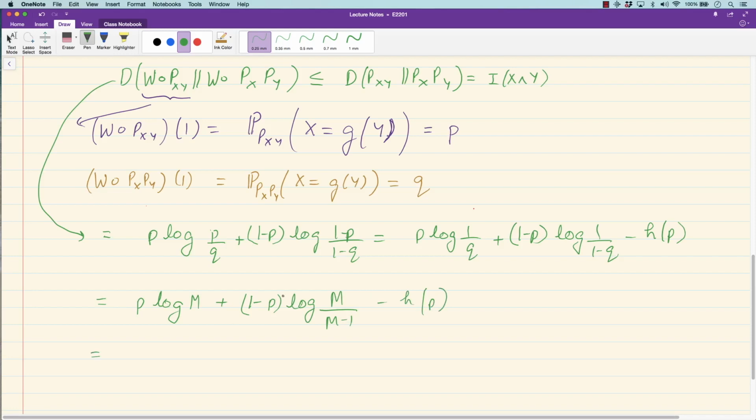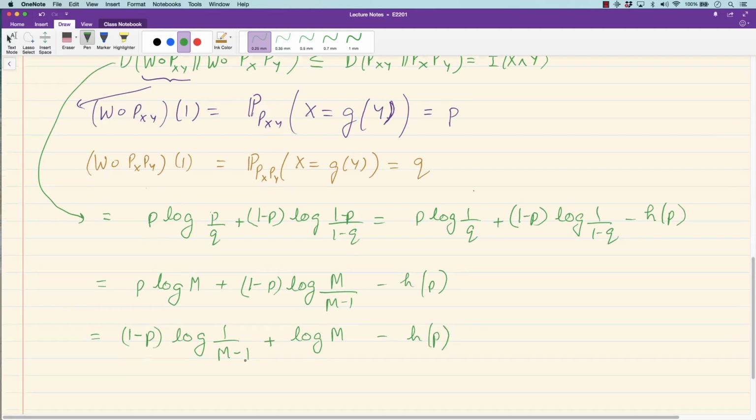Let's collect the terms with 1 minus p. So this is 1 minus p, that's the probability of error. You can view this as 1 minus p. So 1 minus p log, right, plus log m minus hp. You can check this is equal to this.